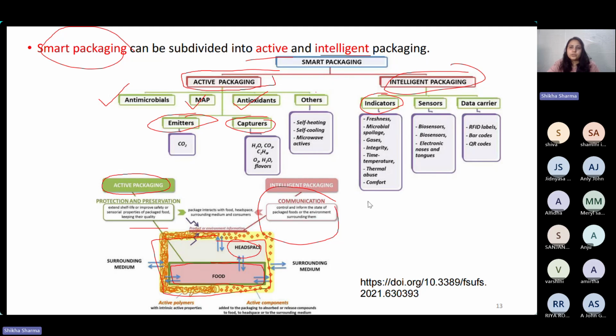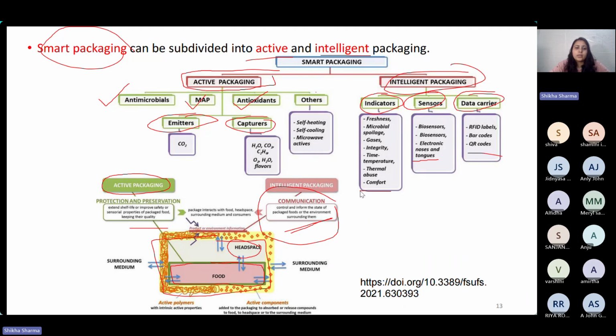So the main action of intelligent packaging is to communicate the state of the food product. It may include some sensors, and it has some data carriers also. So it can have QR codes, barcodes, or electronic noses, e-tongue, and then it can have some freshness indicators based on time, temperature, or gases.